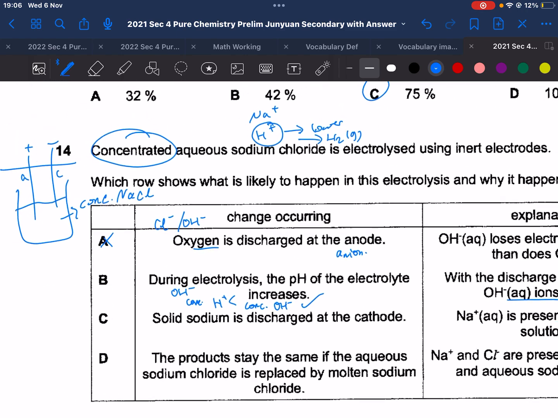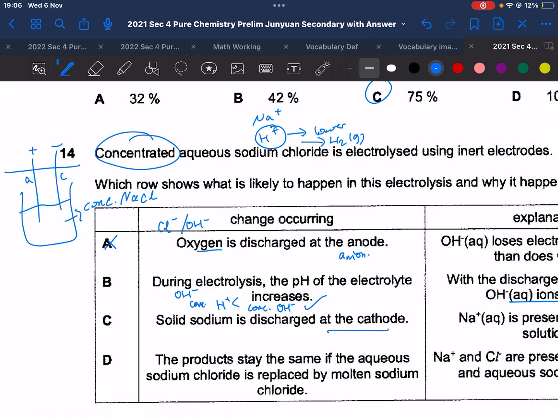Solid sodium is discharged at the cathode is wrong, because at the cathode, do you think sodium is going to be discharged? No, it's not. It's going to be hydrogen. Products stay the same if we use sodium. Now we are producing H2 gas, and also what else?